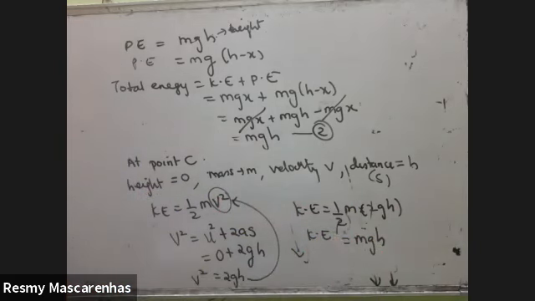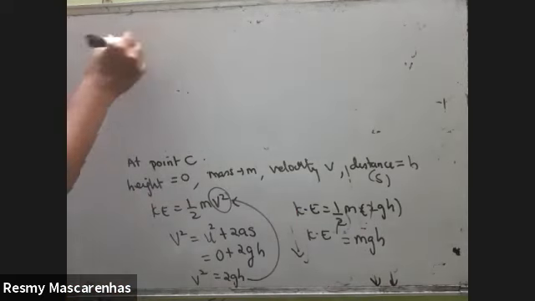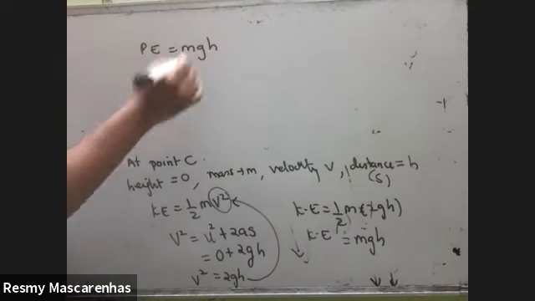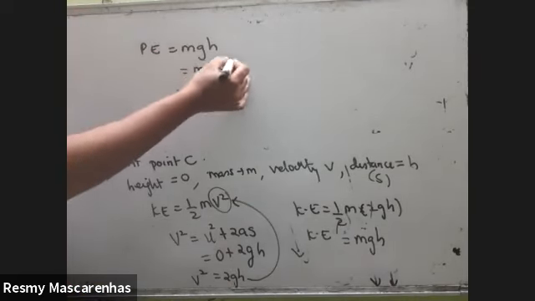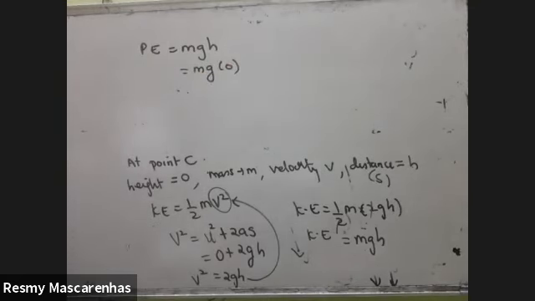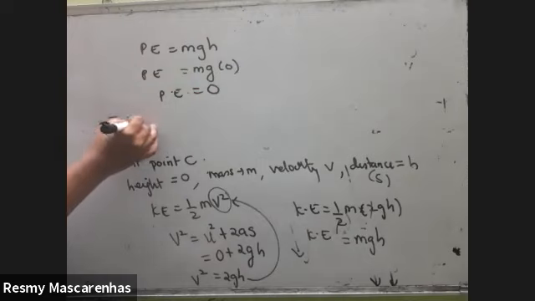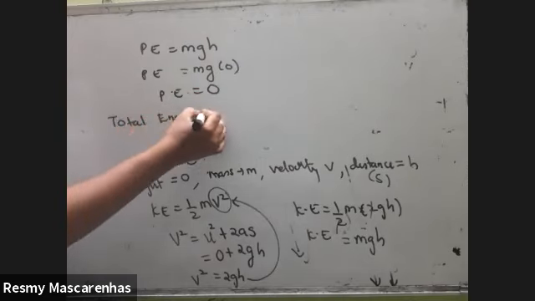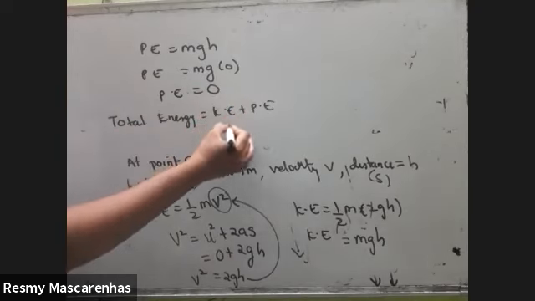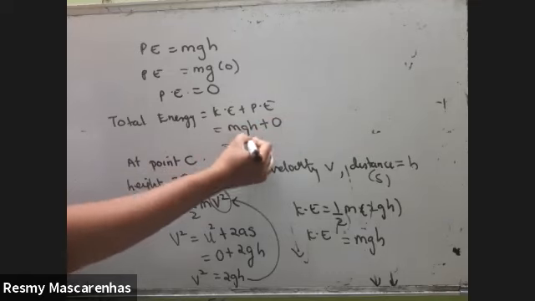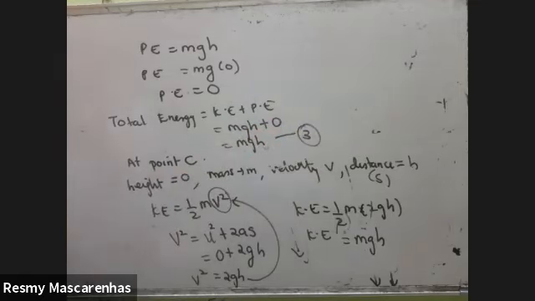Now let us calculate potential energy. Here the height is 0, so the potential energy will be 0. Add the total energy, kinetic energy plus potential energy. If you see equations 1, 2 and 3, at all the points when you added all the energies, it turned out to be mgh.